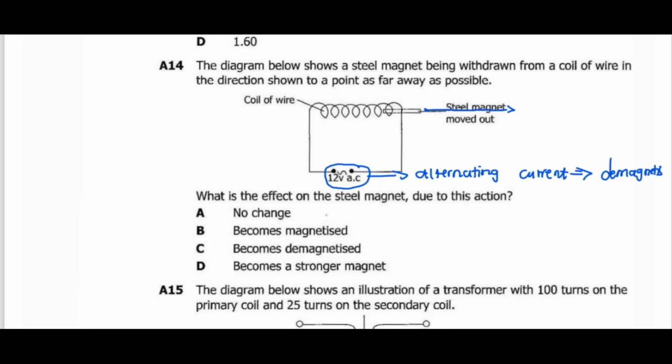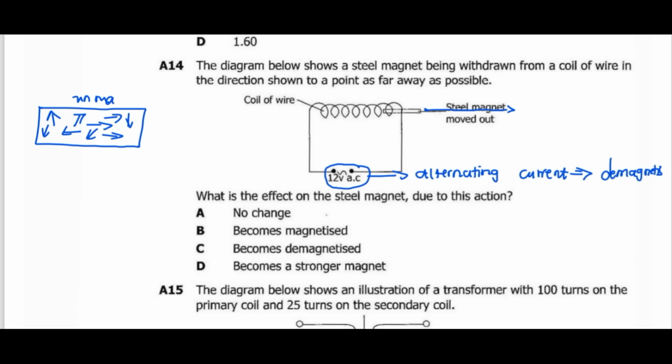The reason why AC can be used to demagnetize a magnet is because it changes its direction. Because of that change in direction, it causes the domains of a bar magnet also to point in a different direction. So the way domains are arranged in an unmagnetized object is like this.